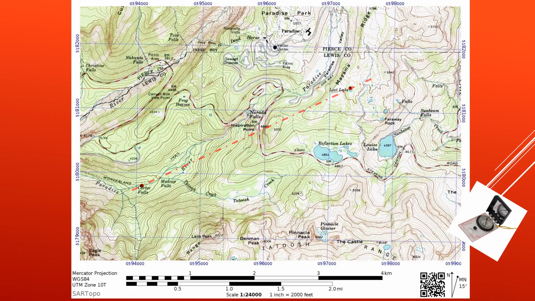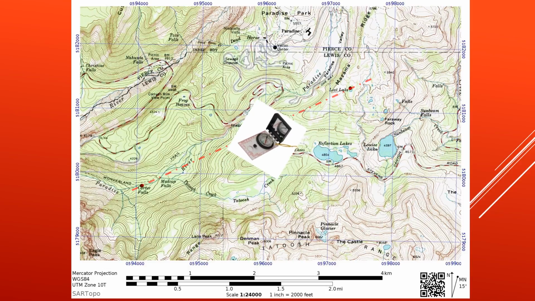That's going to be important because the next part is I'm going to bring my compass up and line it up so that that line travels right along the flat edge of the compass. Now inside the compass, inside the bezel here, you're going to see a circle and there's going to be lines in it.